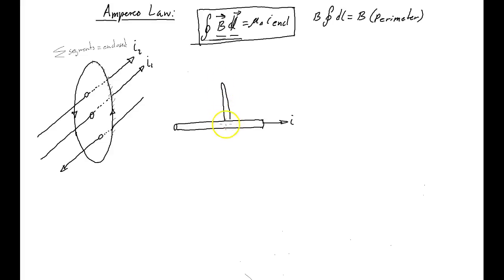So let's say this is R. This is our path of integration. The magnetic field is everywhere the same value, because everywhere you're the same distance from the wire, and we know it's oriented in the same direction as the path of integration. Agreed? Using this version of the right-hand rule.